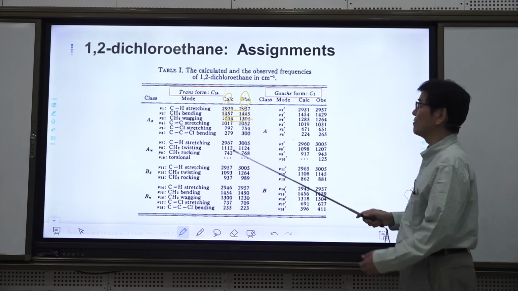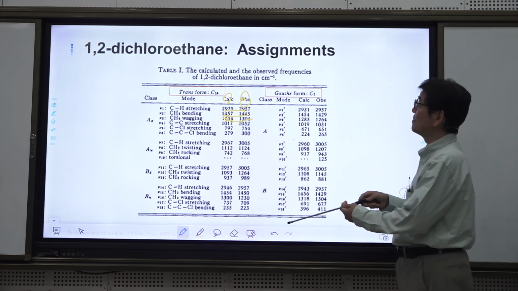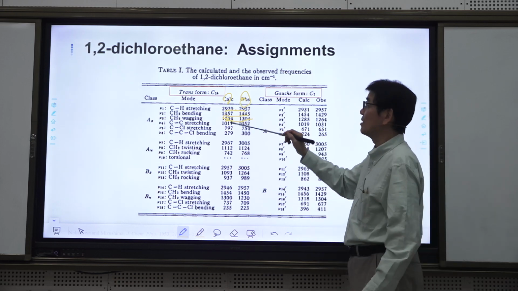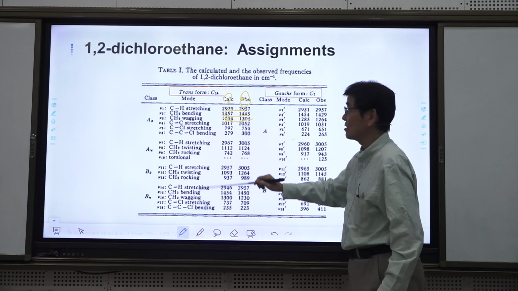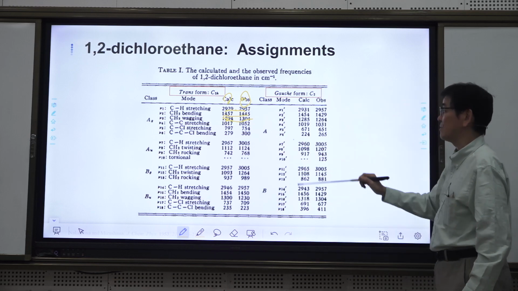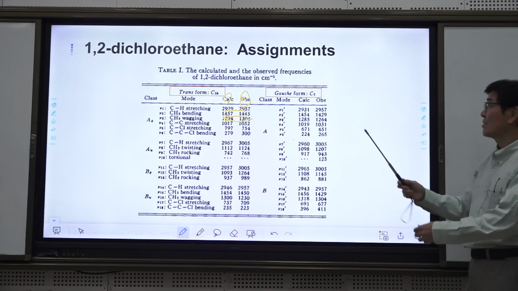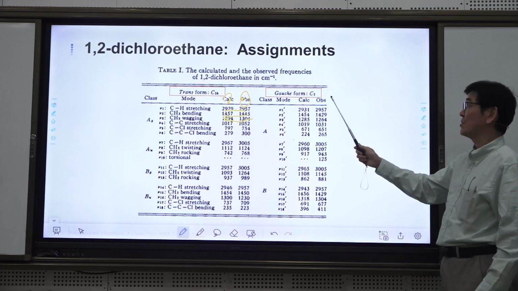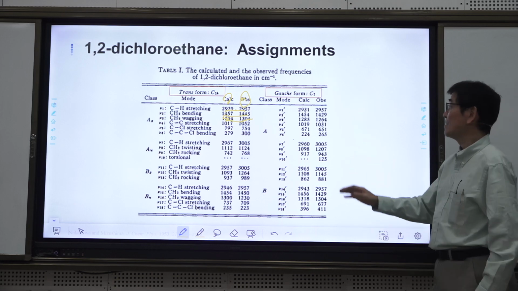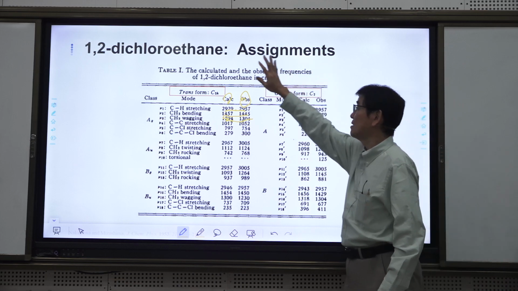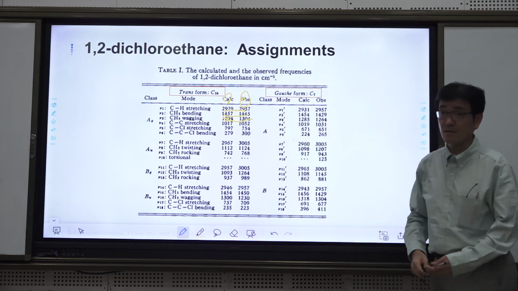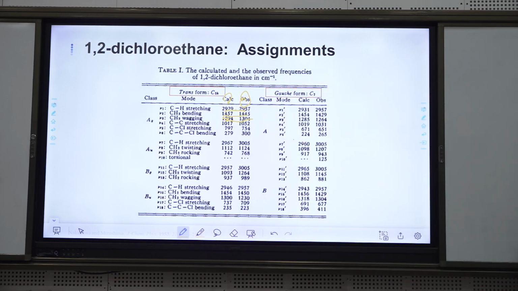So we can make sure trans form should have these vibrational modes, gauche form has these vibrational modes. So the agreement between calculation and observation ensures the appropriateness of these structures.